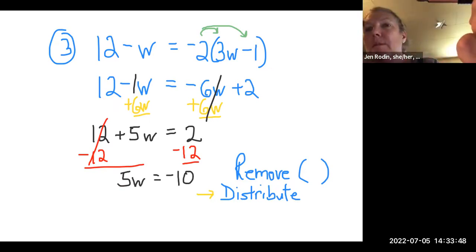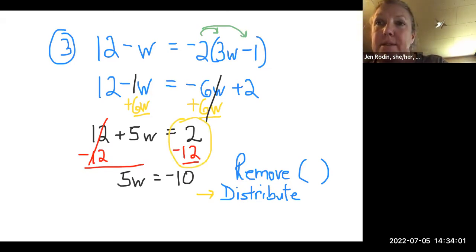So this one is one of my faves because we have to combine like terms, get the W's together, get the constants together. That's what's happening right here. Then there's some negative signs. Then there was distributing. So this problem has a lot of good, delicious stuff. Take your multiplicative inverse to both sides.